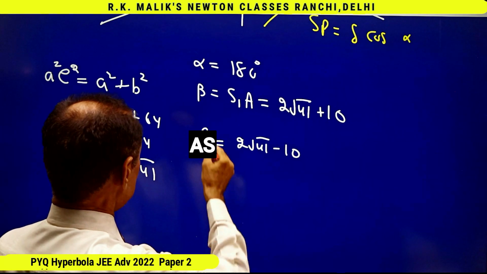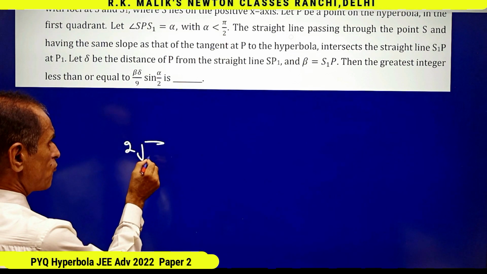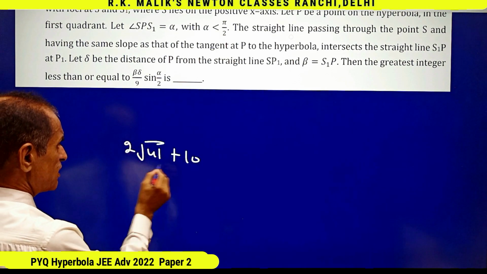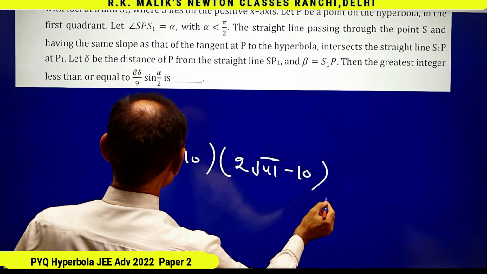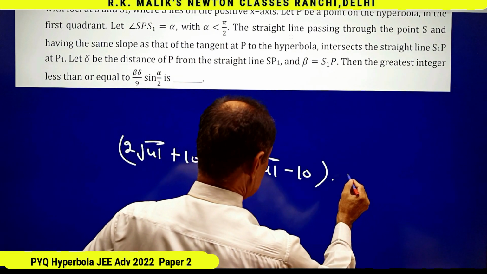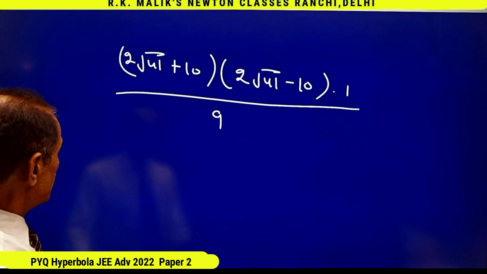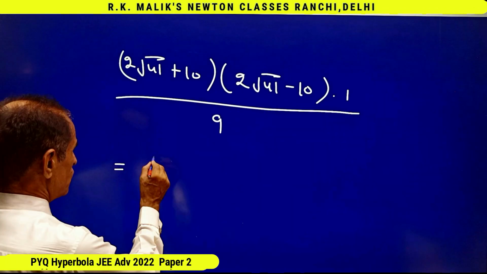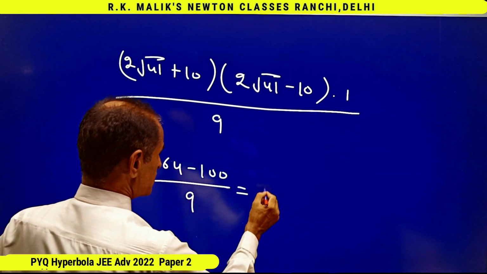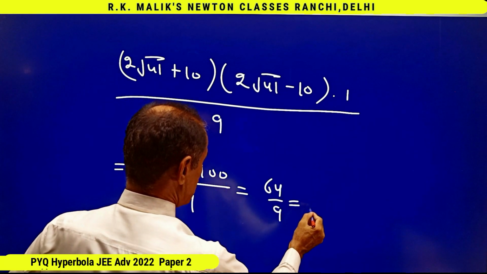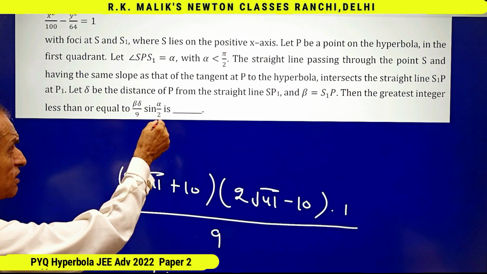And now putting the values of alpha, beta and delta, 2 under root 41 plus 10 into 2 under root 41 minus 10 into sine 90, that is 1, upon 9. That is, it is equal to 164 minus 100 by 9, that is 64 by 9, that is 7 point something. Hence the greatest integer less than or equal to this will become 7.